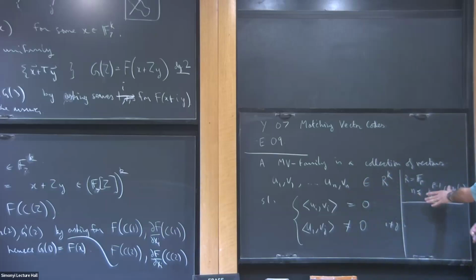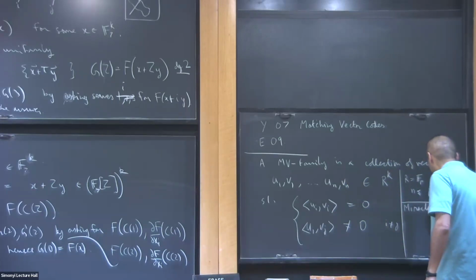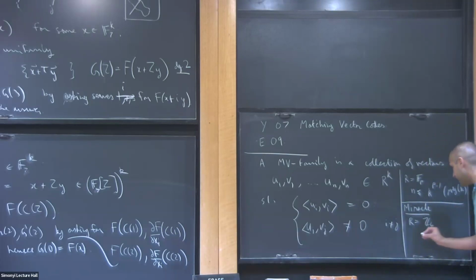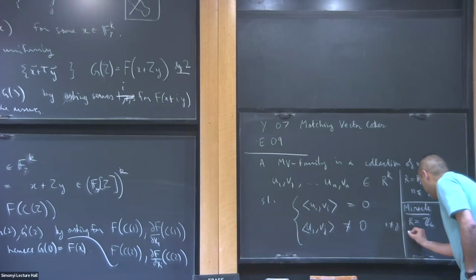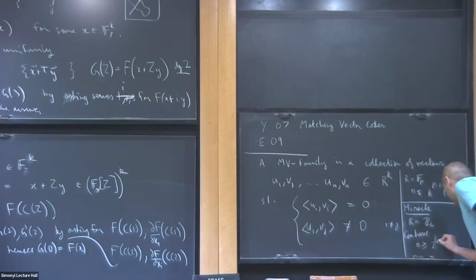So over fields you do not get good matching vector families. But the miracle is that when R is, let's say, Z6, then you can have n at least super polynomial in k. In this case, 2 to the log squared k.